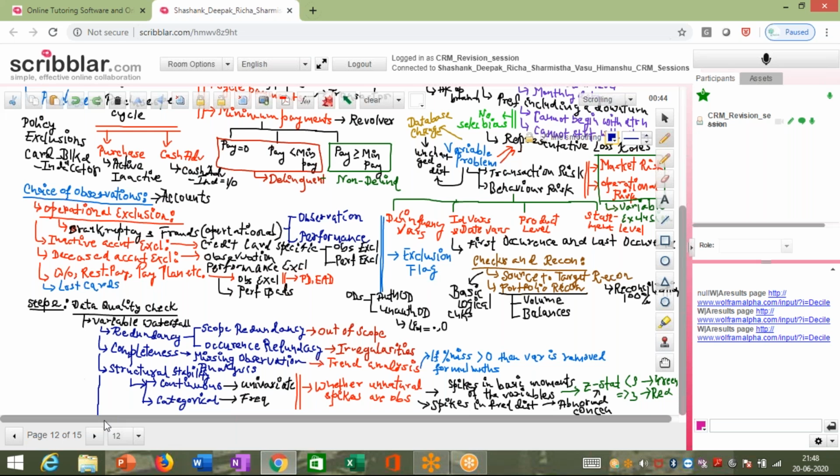So the first set of extraction is on the basis of the informative capability of the variable.